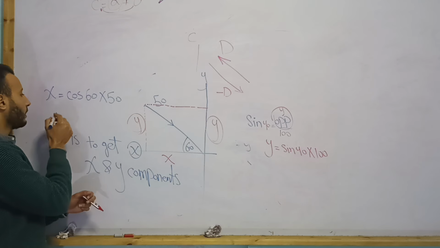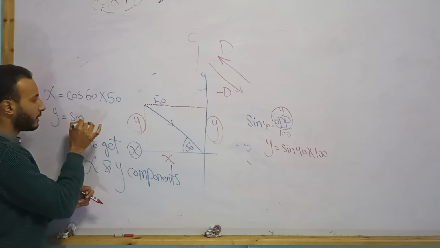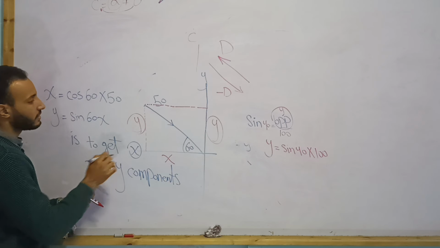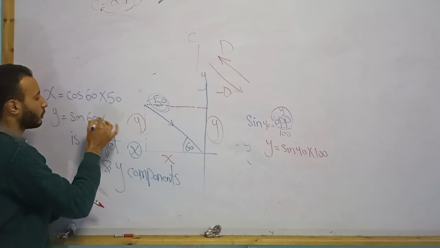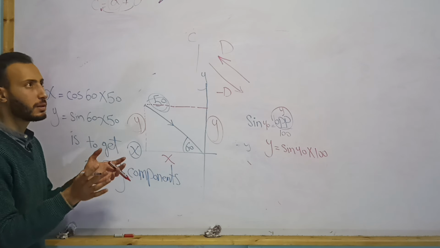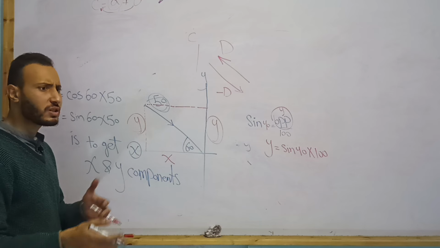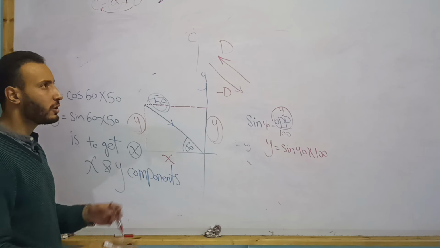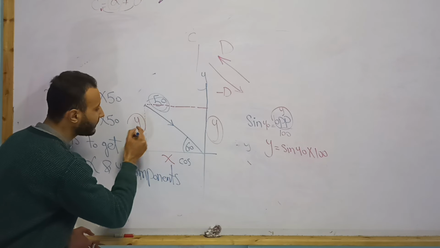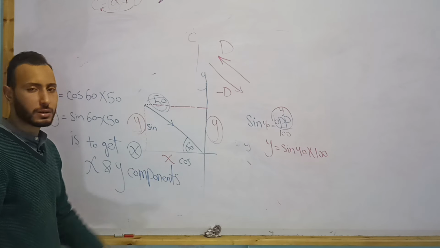The y component is always equal sine the angle, sine 60, times what? The vector. The vector is equal 50. This one. Okay, very simple steps. Not all of these steps you have to know where is the sine, where is the cosine, should I use the sine, should I use the cosine? No, x-axis with cosine and y-axis you have to get it by the sine. Sine the angle times the vector.